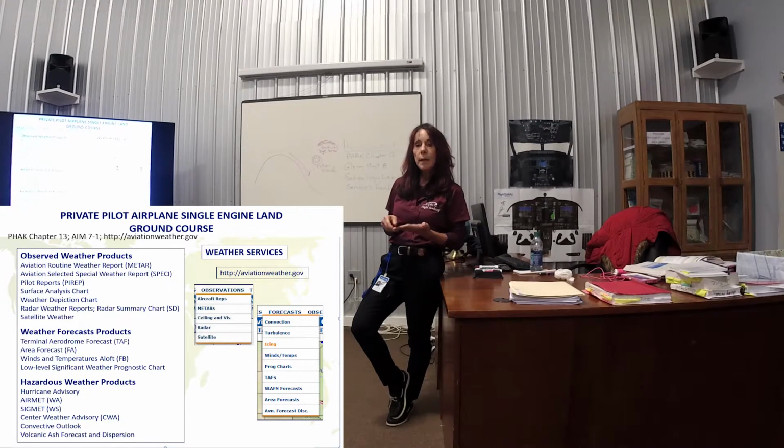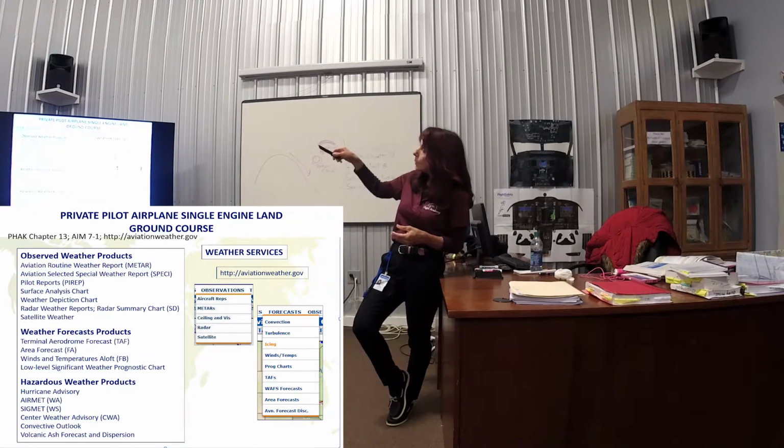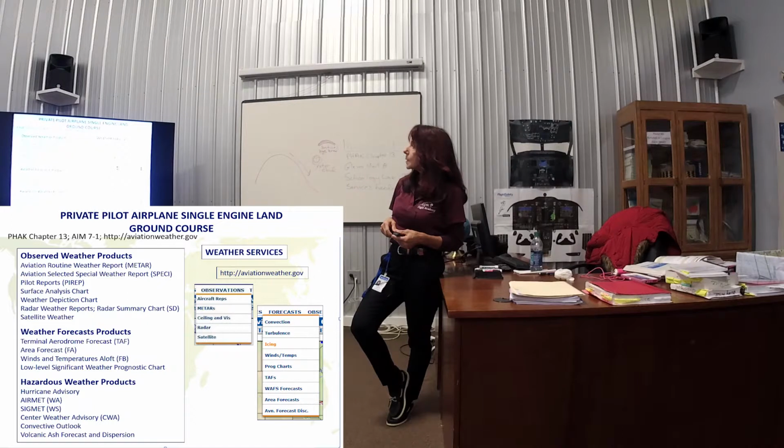We're laying the foundation as a private pilot, being safe, knowing how to forecast the weather. Then when you get in your instrument, you really need to know in detail. We have observed weather products. We're going to talk about each one of these in detail. We'll probably go up to PIREPs and take a break.